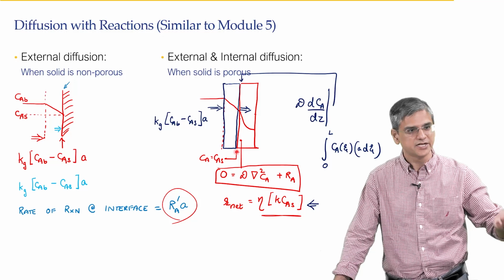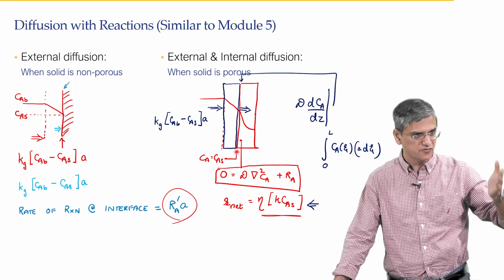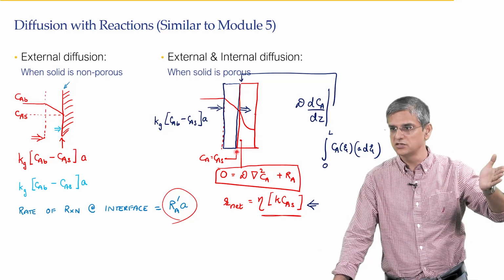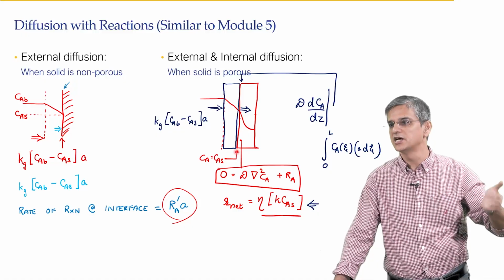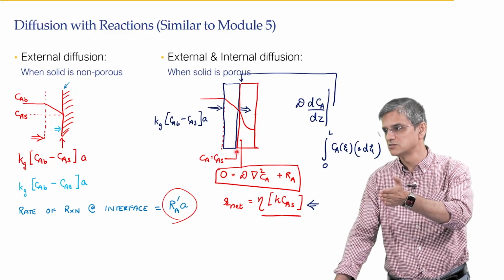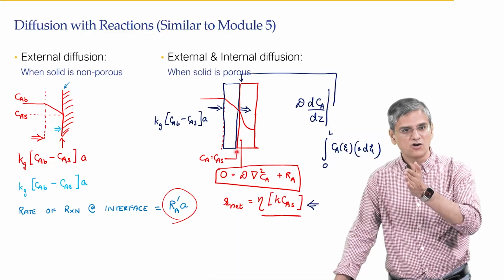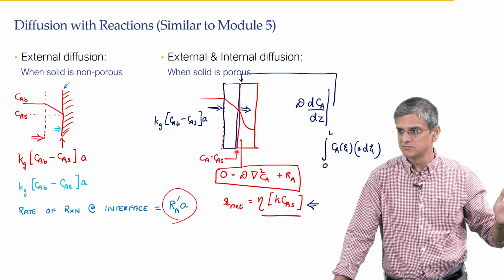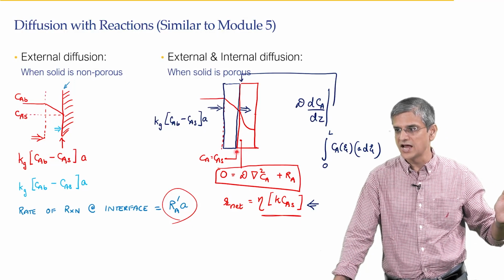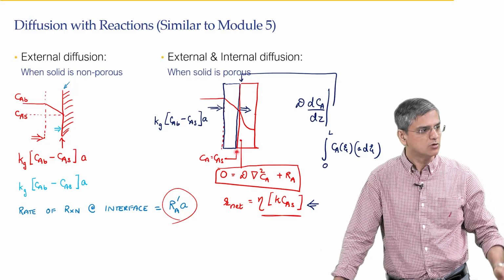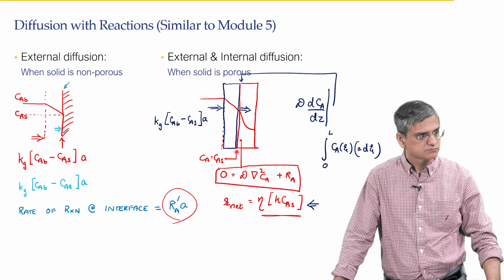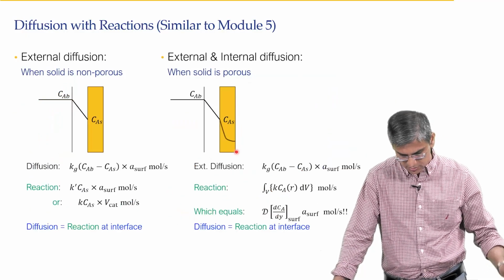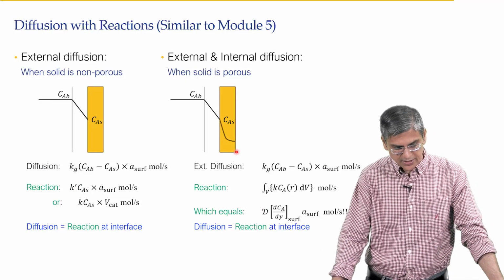You could calculate eta based on integration of the rate of reaction, or you could calculate eta based on the flux. Calculation of eta based on integration I have already showed you in Excel for a slab. Okay, those are all equal. That's what the next slide talks about.